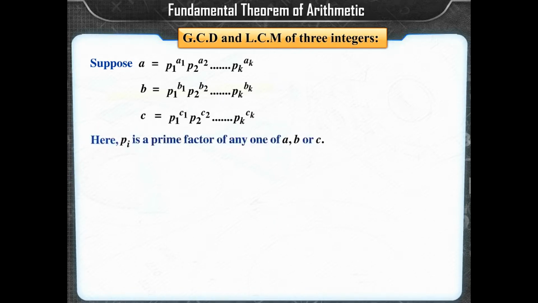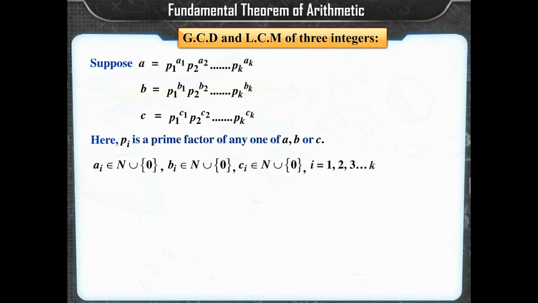Here, Pi is a prime factor of any one of A, B or C. Ai, Bi, Ci belong to n union 0. I is equal to 1, 2, 3 up to k.